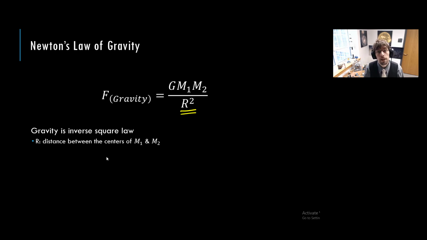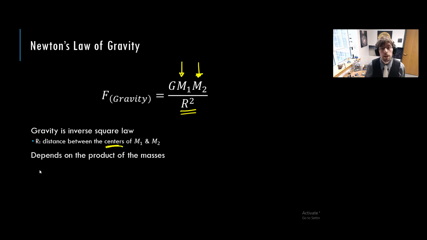I will also highlight that it is the distance between the centers of objects 1 and 2. So whatever two objects you use for the masses, R represents the distance between the center of those two masses.